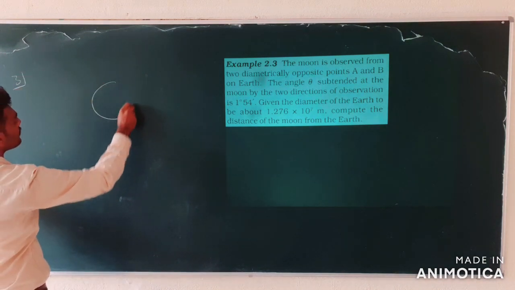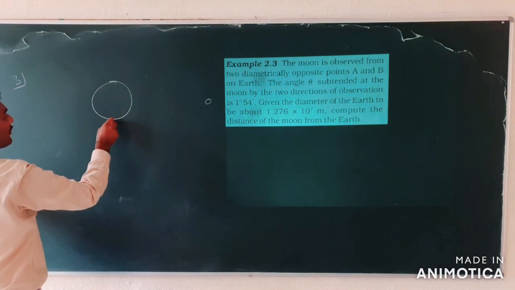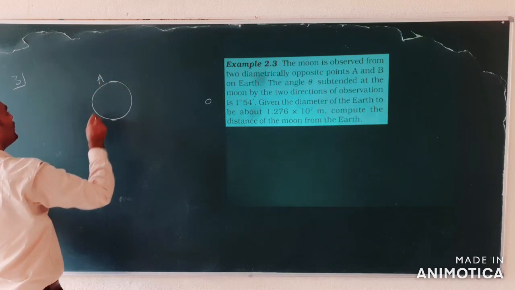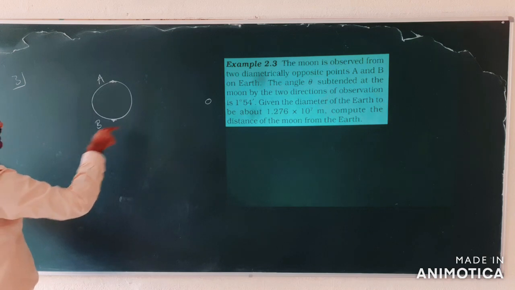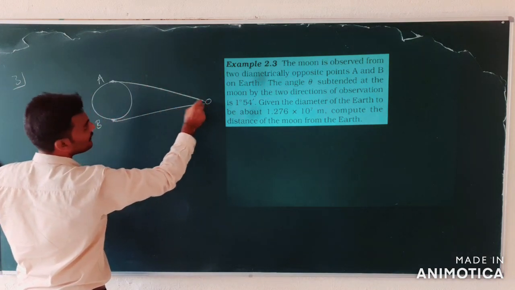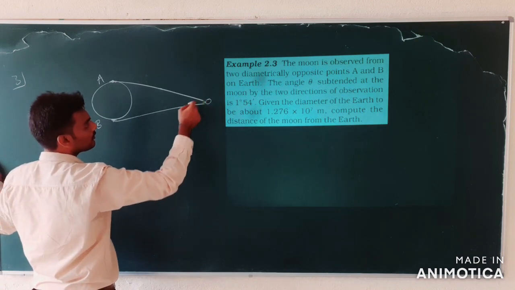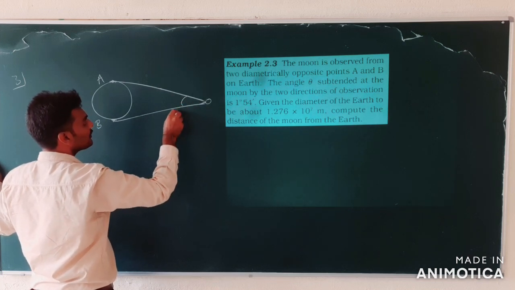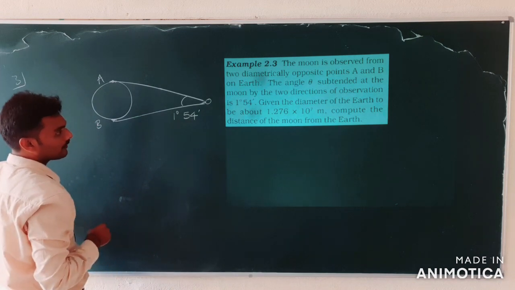Here is the Earth and say here is moon, and from two diametrically opposite points A and B on the surface of Earth, we observe the moon, and the angle subtended at the moon by these two lines is 1 degree 54 arc minutes.